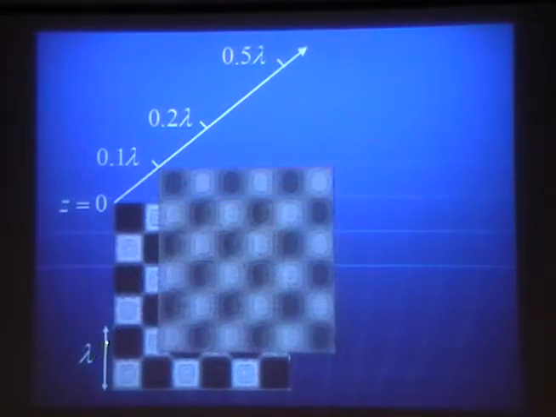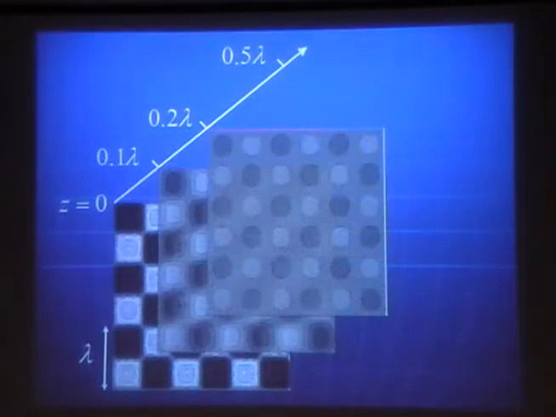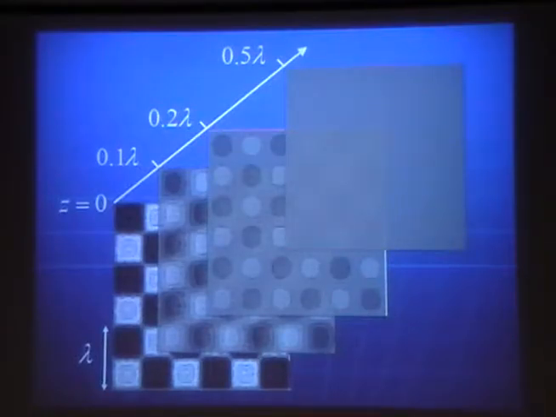So lambda is the periodicity of the surface pattern, and this is the contrast when the distance from the surface is just 1/10 of that periodicity, and twice that, and then half the periodicity, the variation imposed at the surface is pretty much washed away.